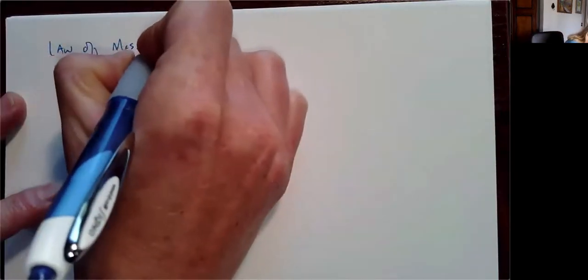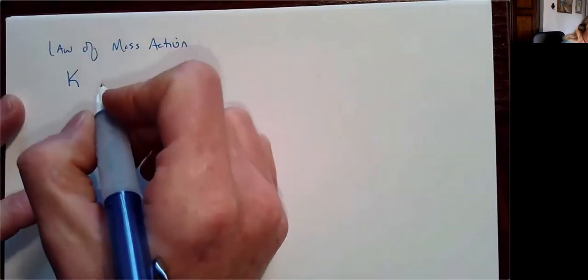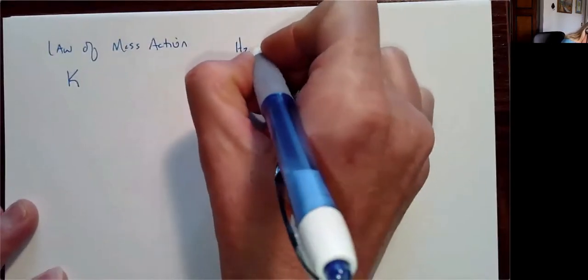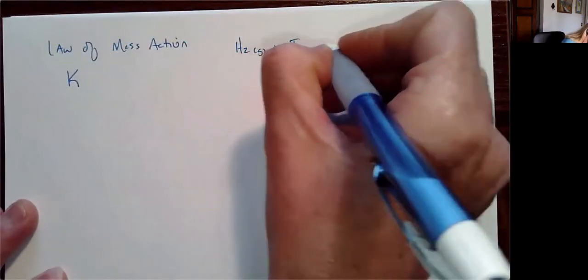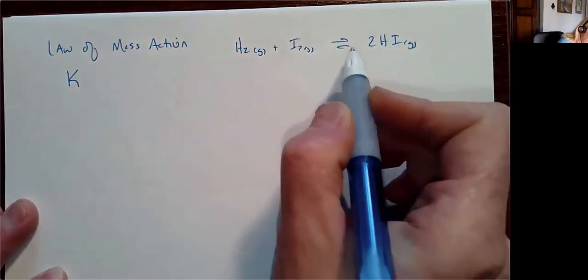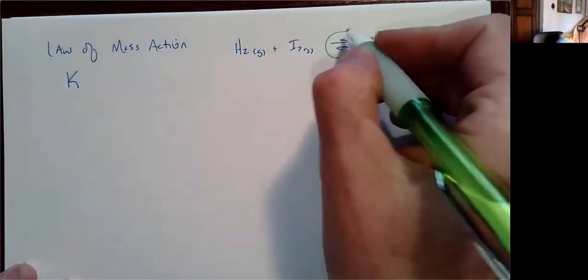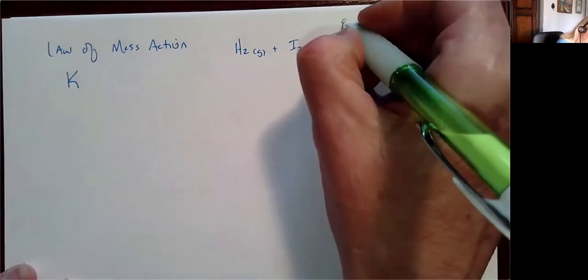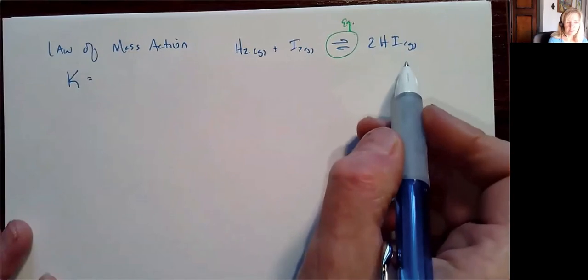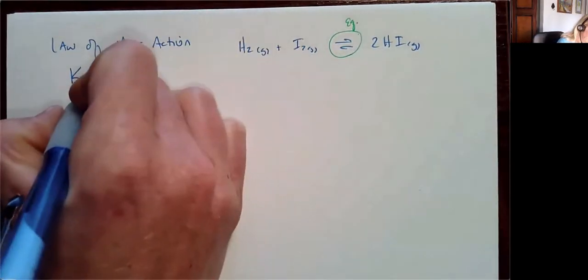So remember, we're looking at the law of mass action, and this deals with the equilibrium constant K in an equilibrium scenario. So we dealt a lot with H2 plus I2 goes to 2HI. And remember, this double arrow here indicates I have an equilibrium. K I can write as a function of my products over my reactants, and we'll look at Kc.